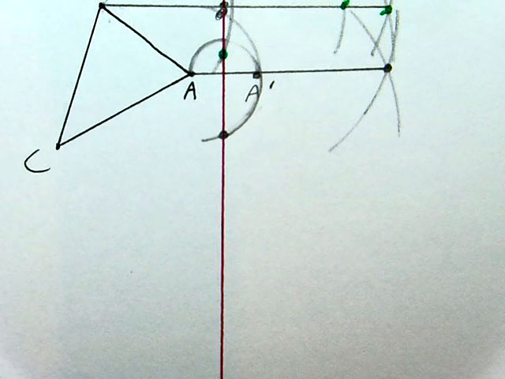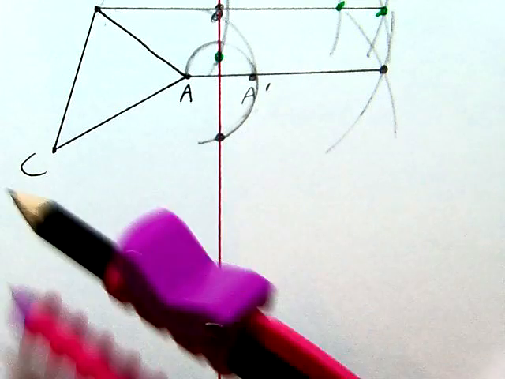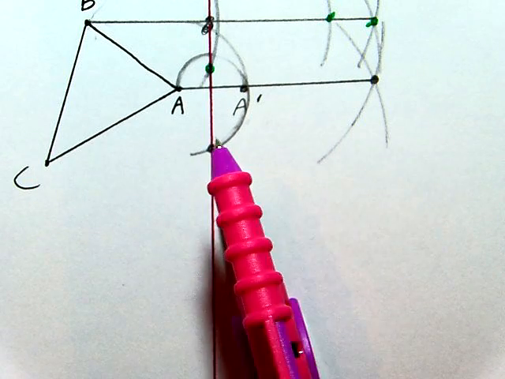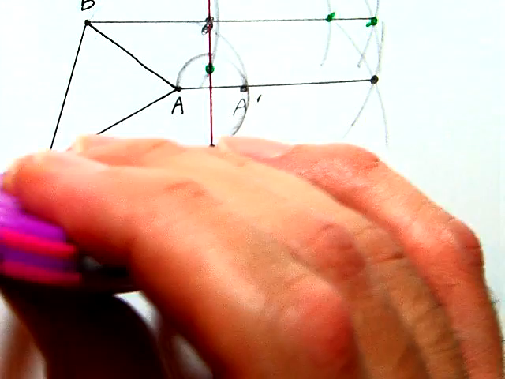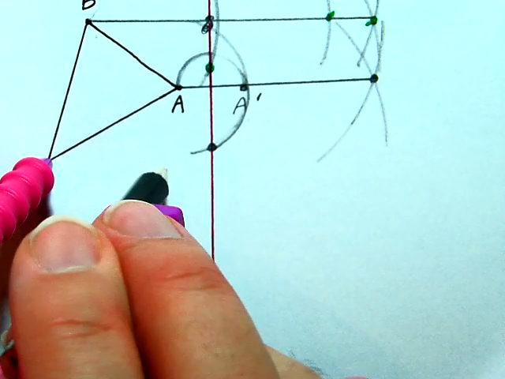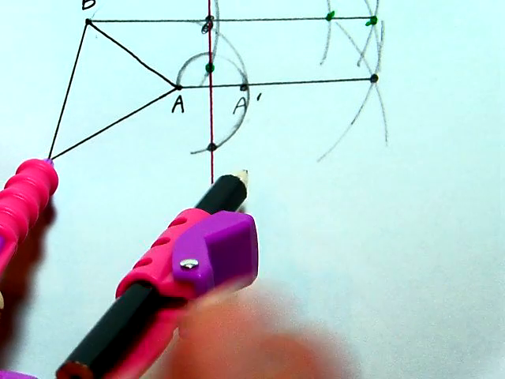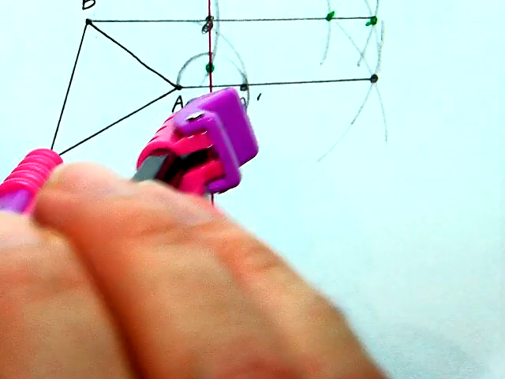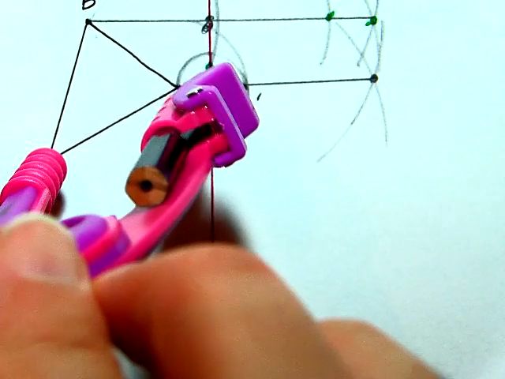So once again, I'm going to take my compass, and I'm going to construct now a perpendicular line through C and through the mirror line. So in order to do that, I place my sharp end of the compass on C. I open this wide enough so that it will intersect the line in at least two locations. So let me do that here.